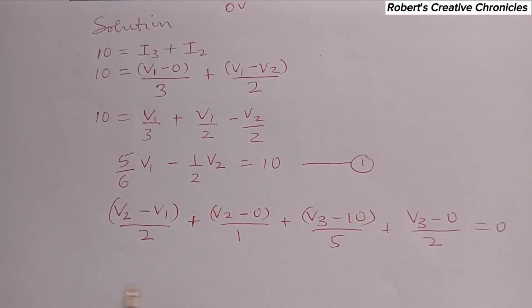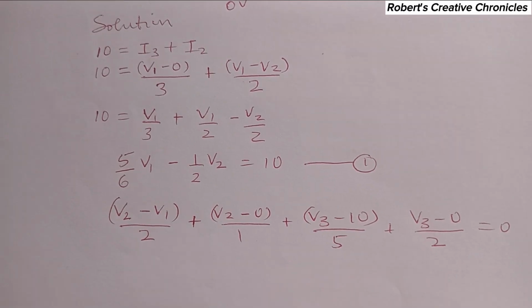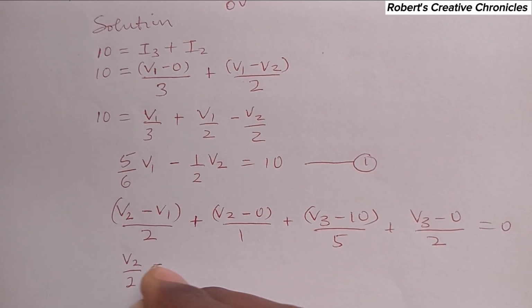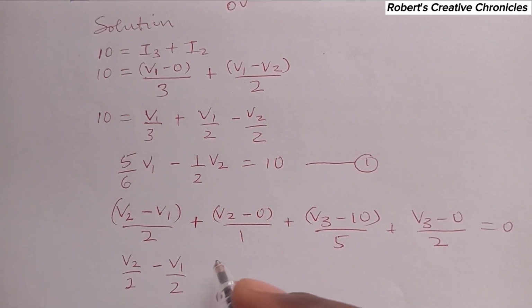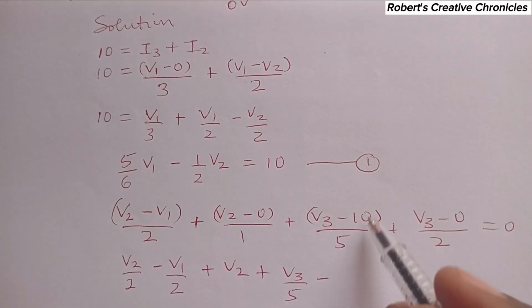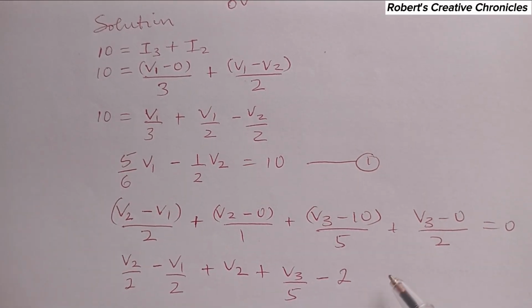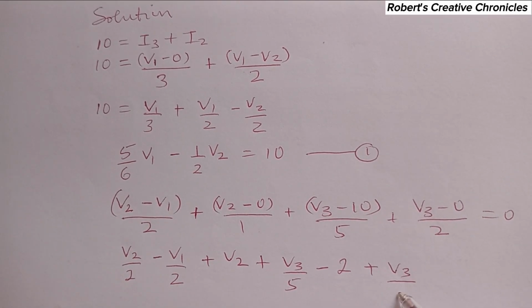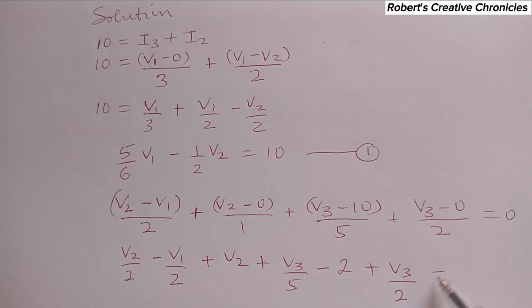So now if we simplify this: V2 over 2 minus V1 over 2, plus V2, plus V3 over 5 minus 10 over 5, which is 2, plus V3 over 2, equals 0.